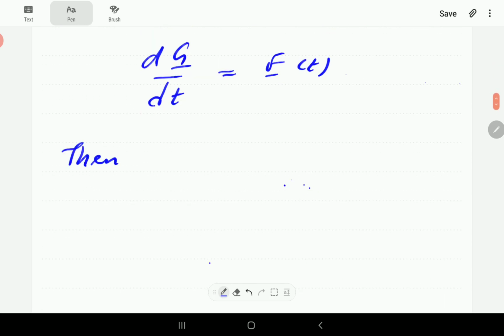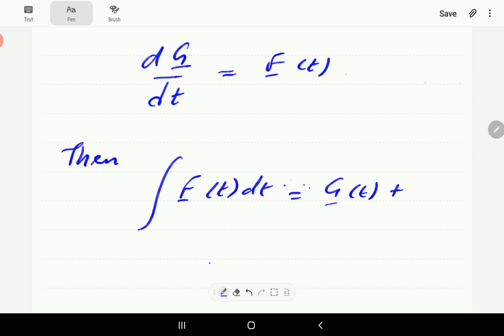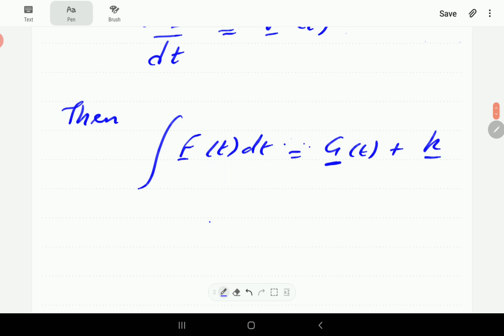Then the integral of f with respect to t is going to be g plus a constant. Let's call it k, and so this is the indefinite integral.